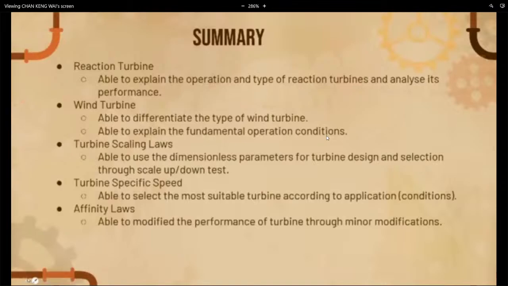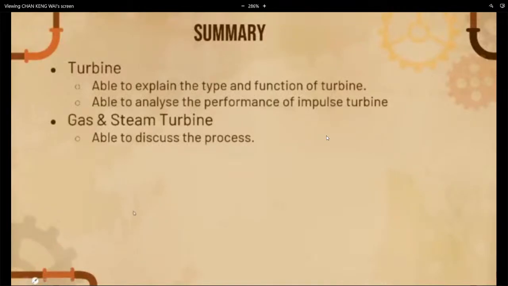Okay, so this should be the first page of summary actually. So this is the turbine. In general, you should be able to explain the types and functions of turbine, able to analyze the performance of impulse turbine. For the gas and steam turbine, should be able to discuss the process. So this should be the first page instead of the one we have just now. I think just some sequence problem.